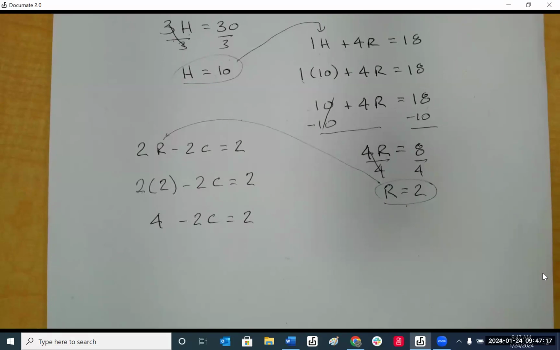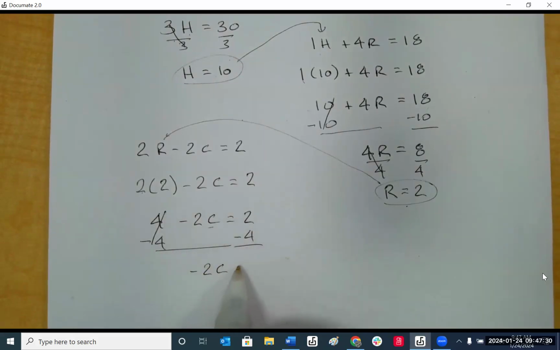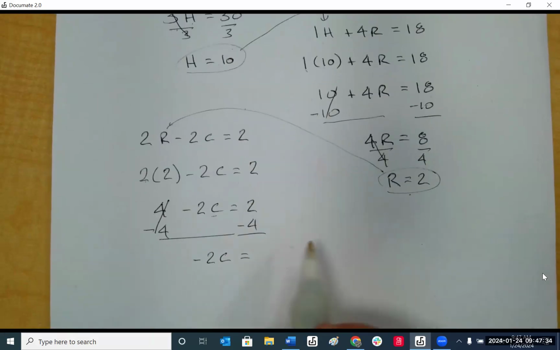Get rid of the what? Get rid of the 4, because we're trying to get C by itself. So it's a process of opposites. Subtract 4 from both sides. Negative 2C. 2 minus 4 is what? Negative 2, because 4 is bigger than 2. It's negative. 4 minus 2 is 2.